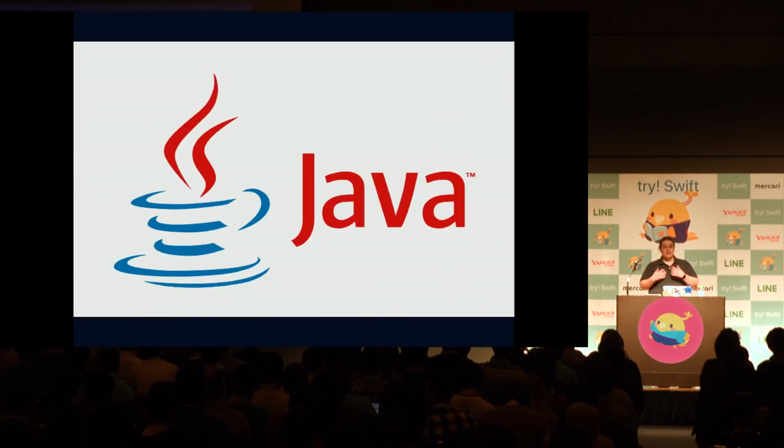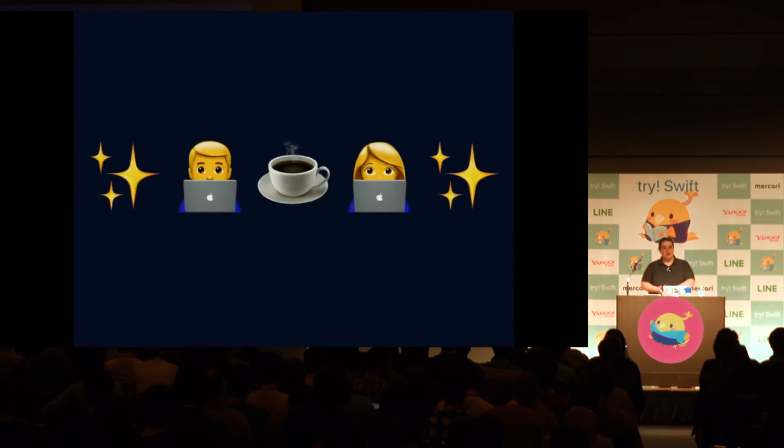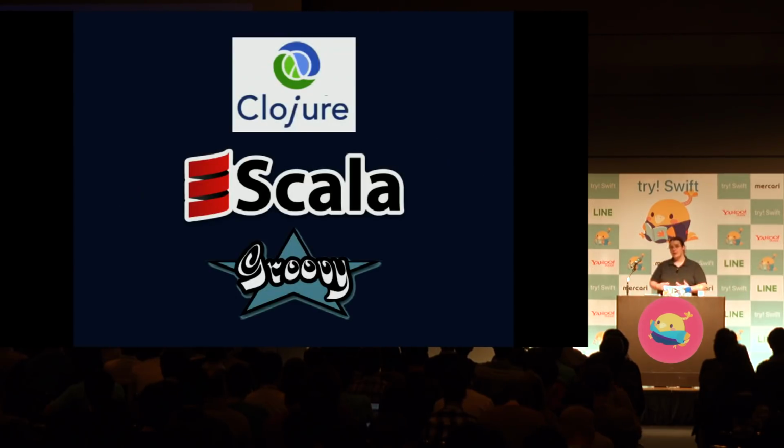So when they decided that they wanted to write their own programming language to take advantage of modern language features that Java could sometimes be a little bit slow to adopt, they decided to write a new JVM language. Now, this sounds a little crazy, but it wasn't a totally insane idea. For years, languages like Clojure, Scala, and Groovy had already been built on top of the JVM.